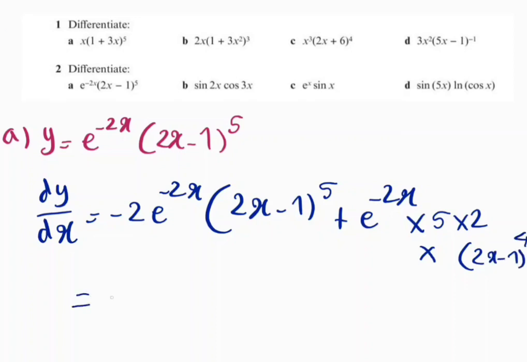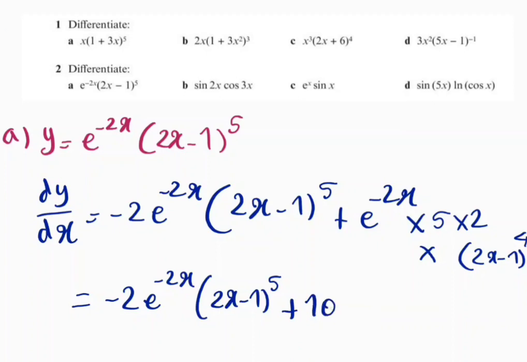Let's simplify that: minus 2e to the minus 2x times (2x minus 1) to the power of 5, plus 10e to the power of minus 2x times (2x minus 1) to the power of 4.